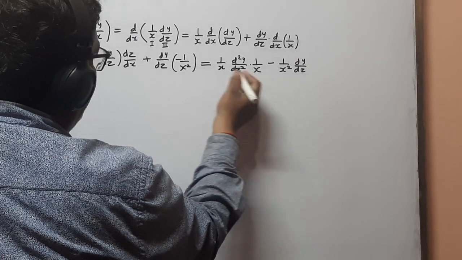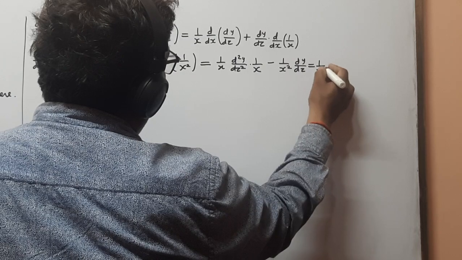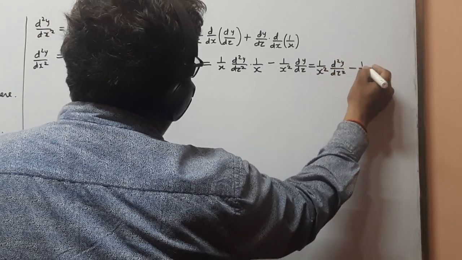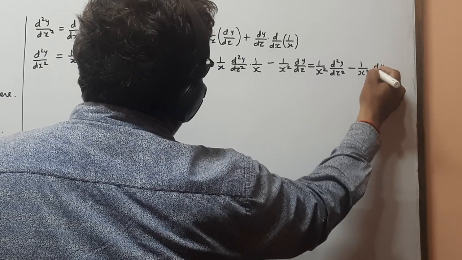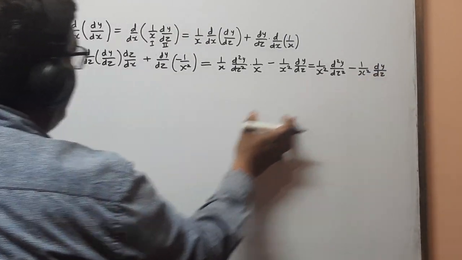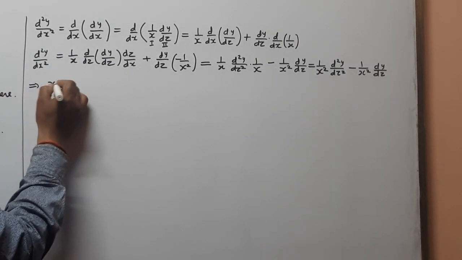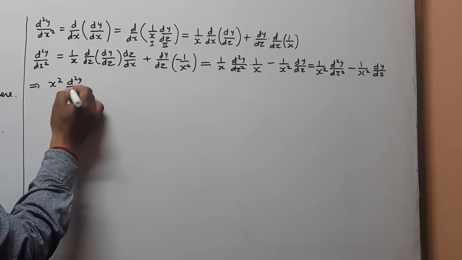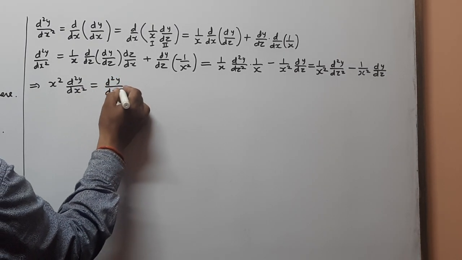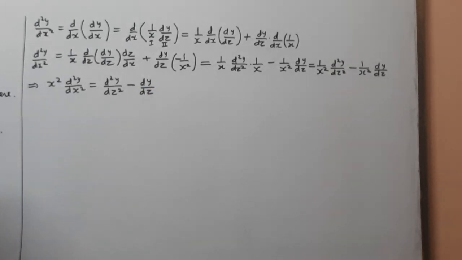Now this 1 upon x multiplied, we get 1 upon x square d2y by dz2 minus 1 upon x square dy by dz. Now taking common 1 upon x square, this can be written as x square times d2y by dx2 is equal to d2y by dz2 minus dy by dz.